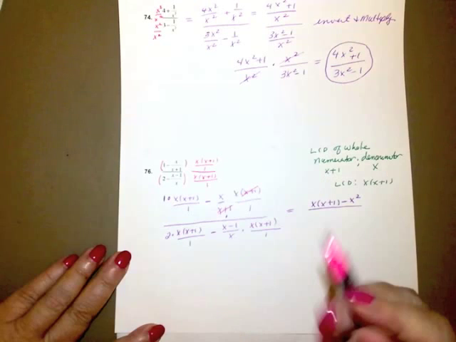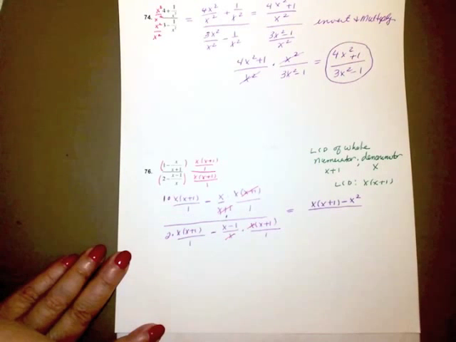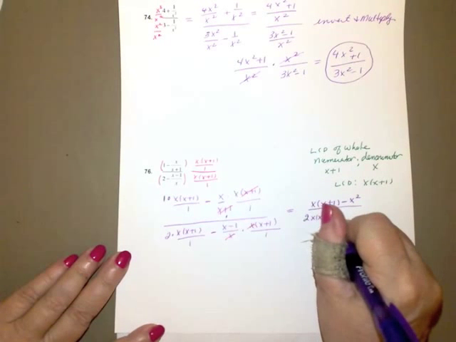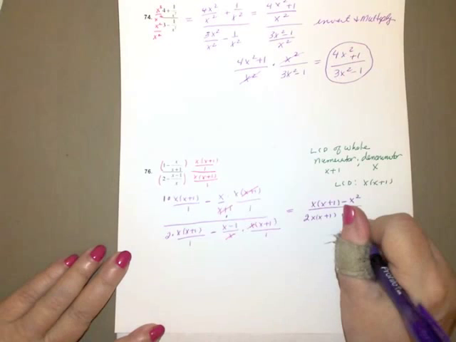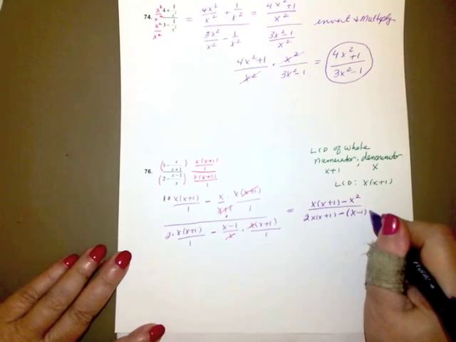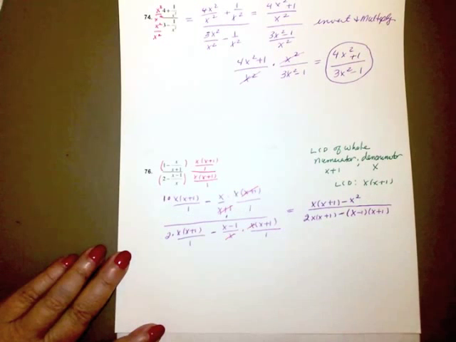In the denominator, the x's will cancel. So I'm going to be left with 2x times x plus 1 minus the product of x minus 1 times x plus 1.